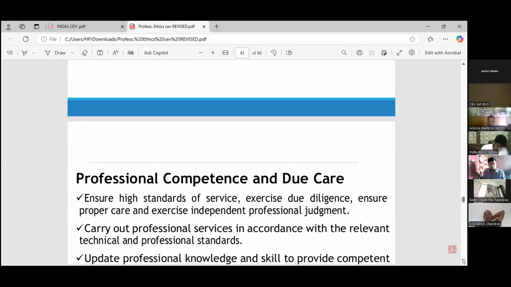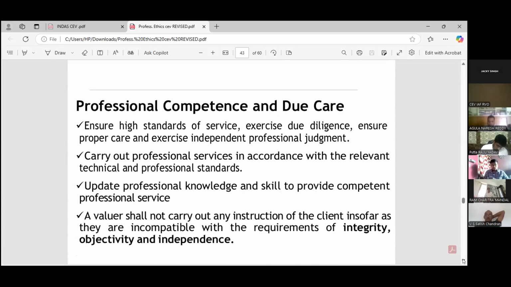Then we have professional competence and due care. We have to provide high standard service. We also exercise due diligence, ensure proper care, and exercise independent professional judgment, whatever judgment we put forward. We carry out the professional service in accordance with the relevant technical and professional standards. Update professional knowledge and skill to provide competent professional services.